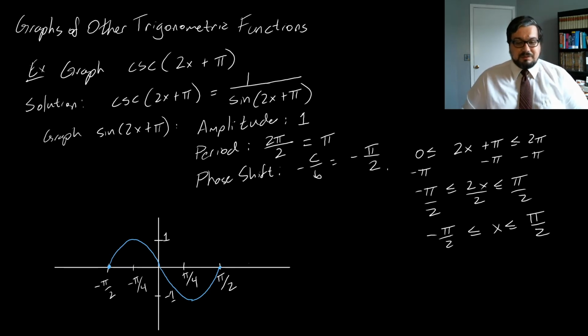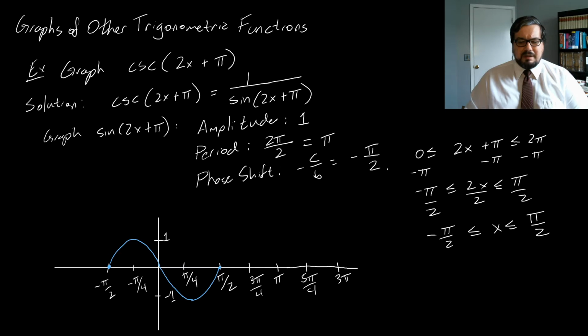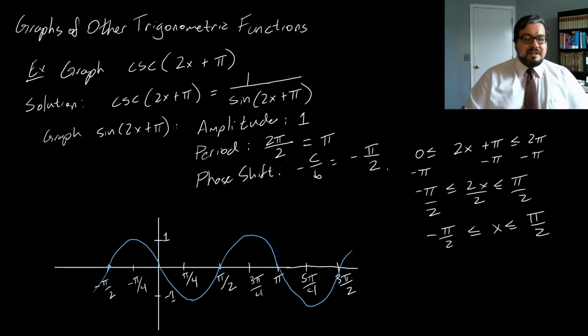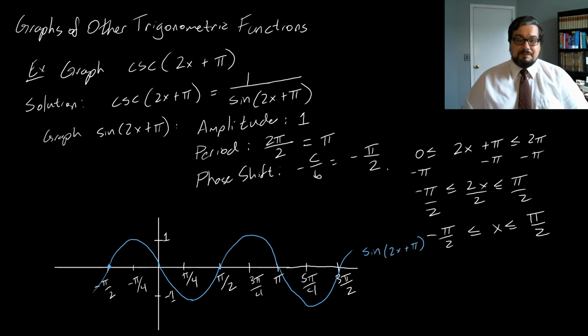And we can continue. We can keep counting up by pi/4s. Let's see, that'd be 5 pi/4, 3 pi/2, and continue graphing sine this way. And of course, it keeps continuing on. So this is what sine of 2x plus pi looks like.